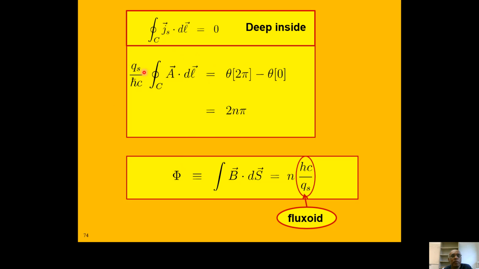That means this is pi, because that is B dot ds, right? That pi equals, you can see, n H cross C over Qs. So this Qs is the fluxoid given by Hc over 2e, because here Qs is actually 2 times the electron charge, the supercurrent charge, right?